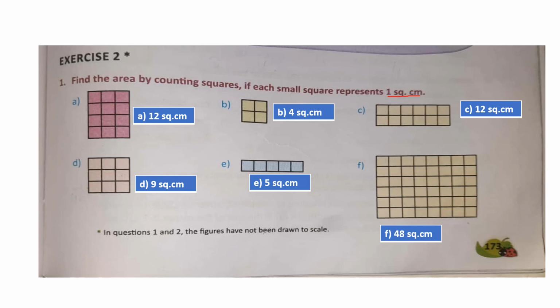So we need to count the squares. 1, 2, 3, 4, 5, 6, 7, 8, 9, 10, 11, 12. So 12 square centimeter. Here we can see it's a square: 1, 2, 3, 4. Like this we need to count the squares and we will find the area of the figures which are given to us.